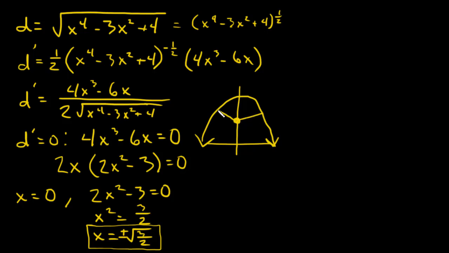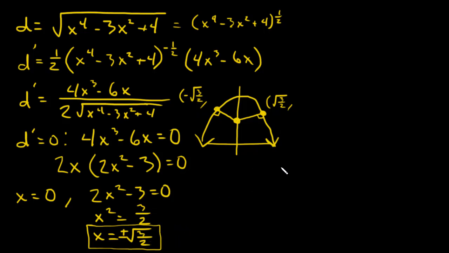If I draw lines coming out from there that hit the graph at a right angle, guess what the x value for this point is? Oh, I can actually write it. Square root of 3/2. Okay, guess what this x value is? Negative square root of 3/2.